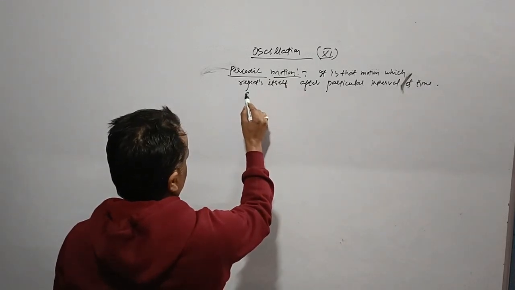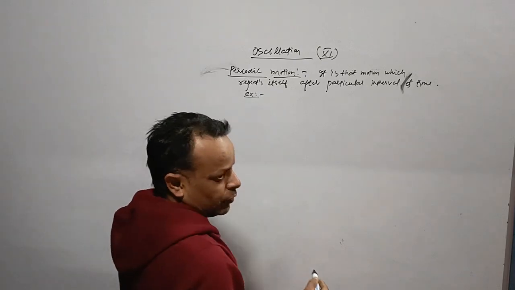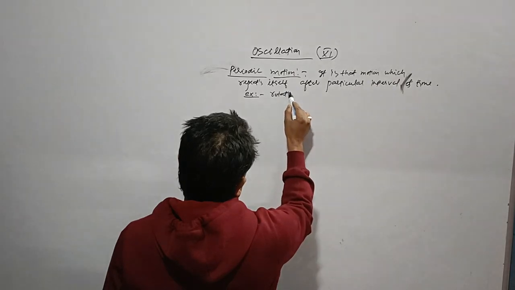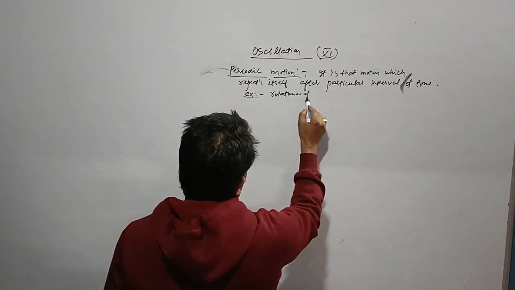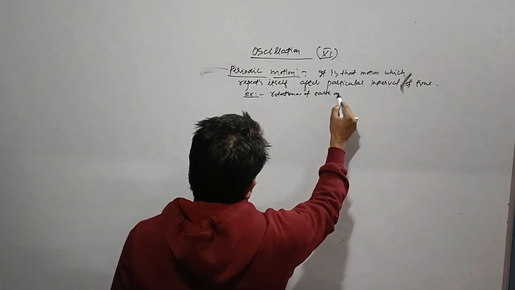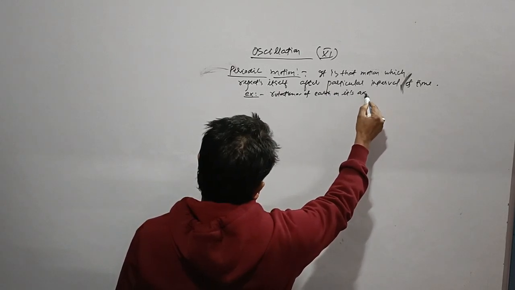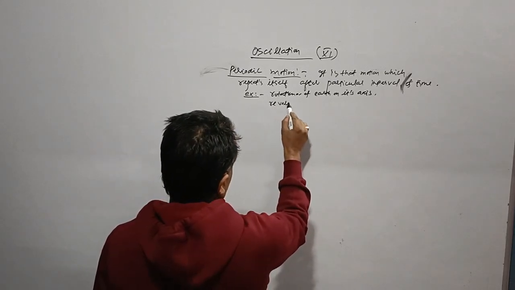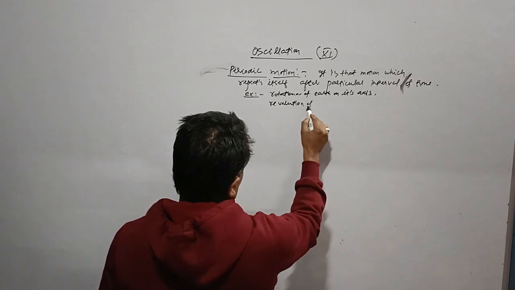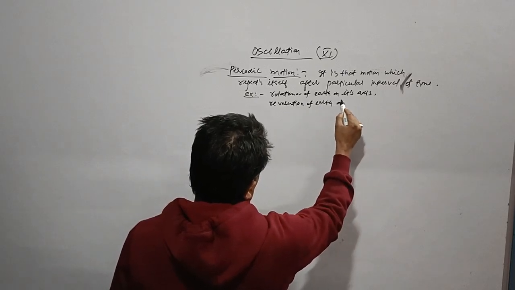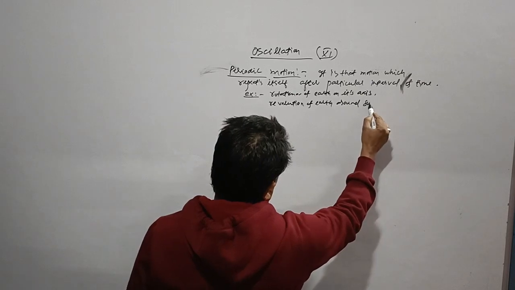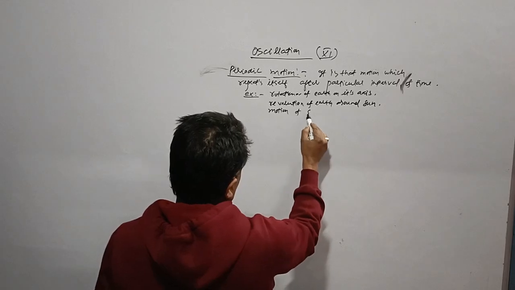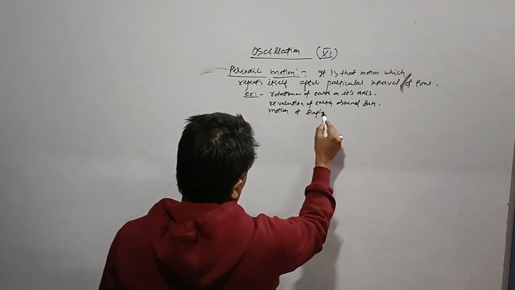Examples will be rotation of earth on its axis, revolution of earth around sun, motion of simple pendulum.